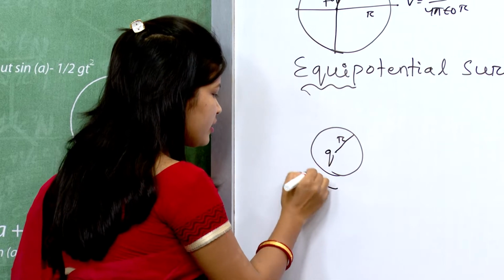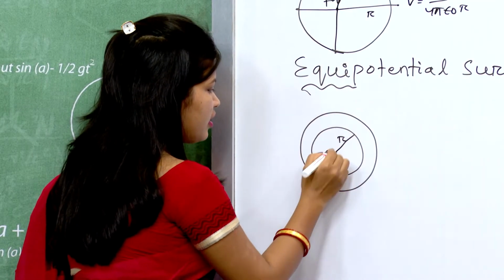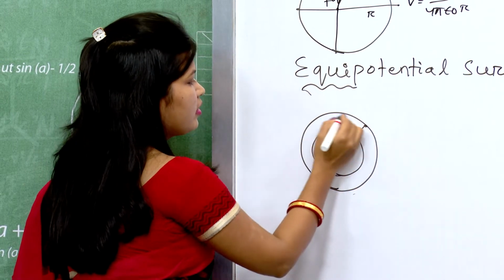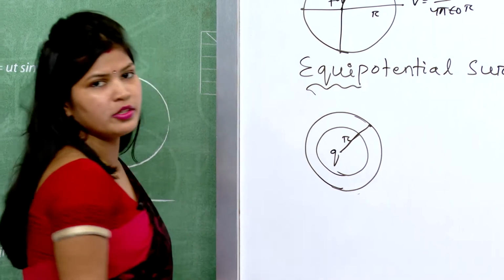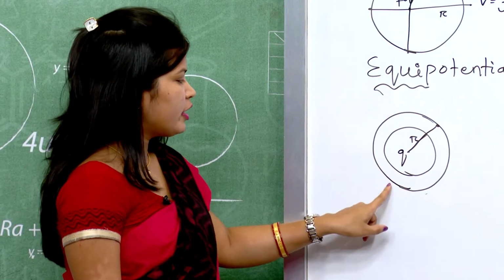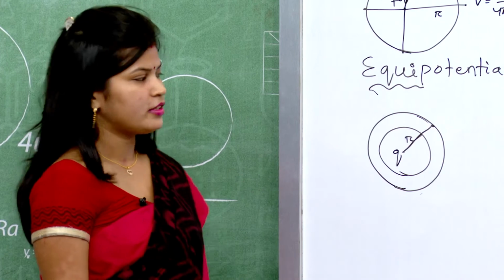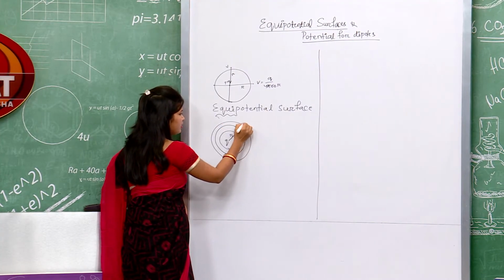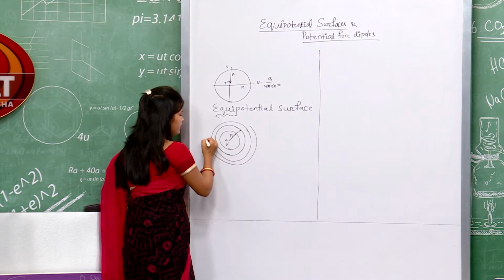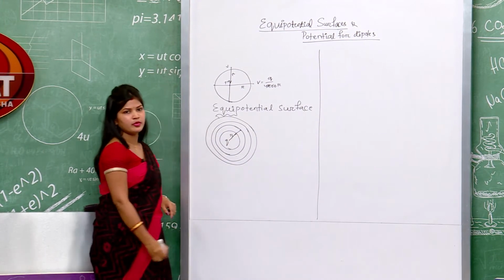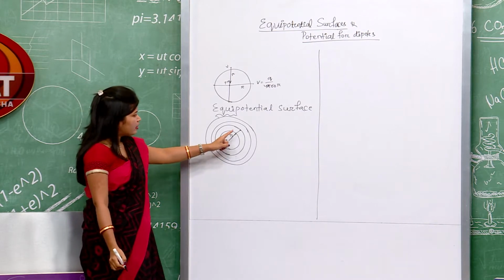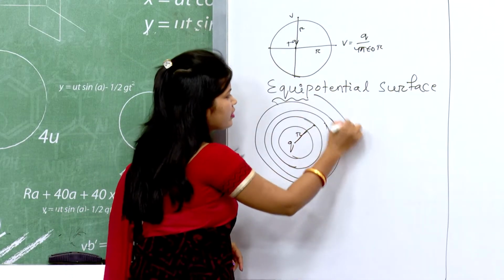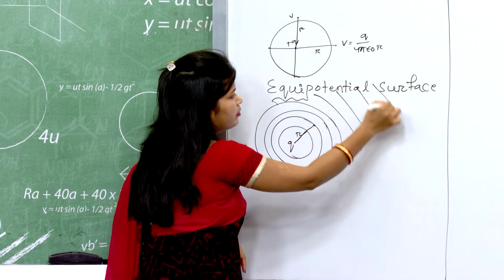When r increases, suppose at this distance, then this is the equipotential surface at which every point potential is same. So, like this, these are concentric equipotential surfaces. When I go very far away, then the curvature will become less.